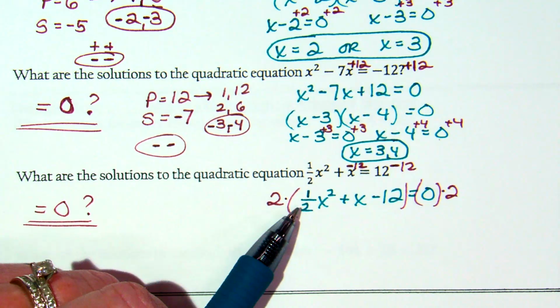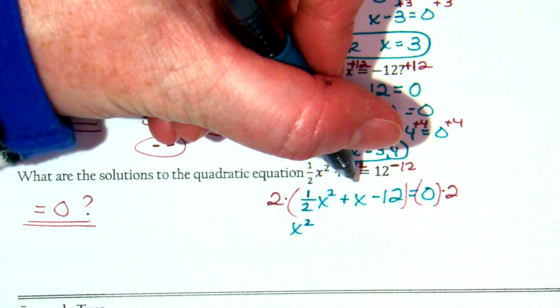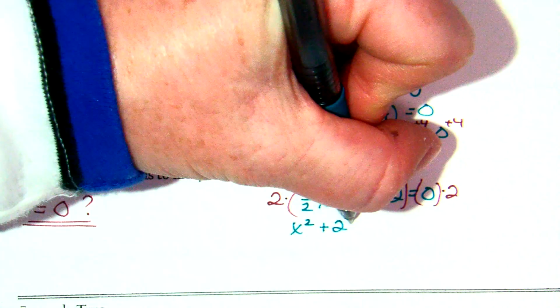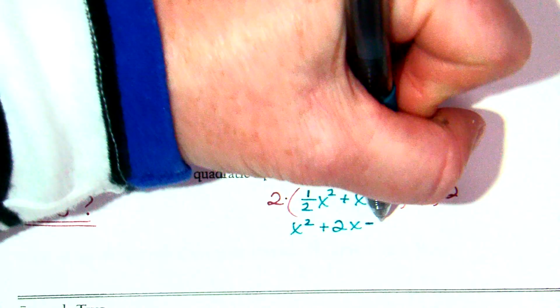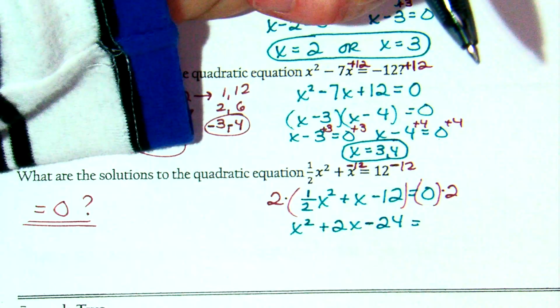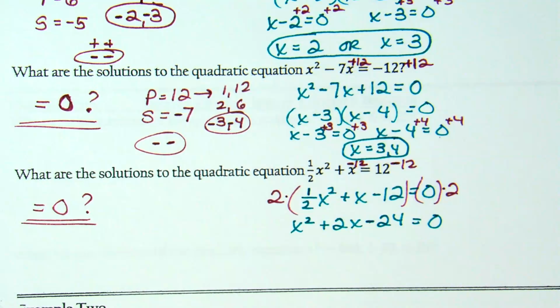So on the left, 2 times 1/2 x squared. Excuse me, I think I said the wrong side. Okay. What's 2 times 1/2, or what's half of 2? 1, so that's just x squared. 2 times x, 2x. 2 times minus 12, minus 24 equals 0 times 2 is 0.